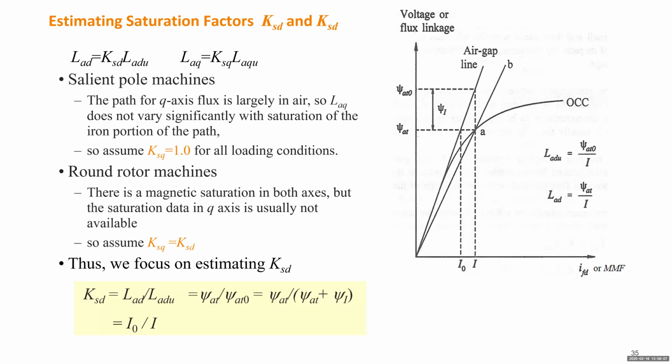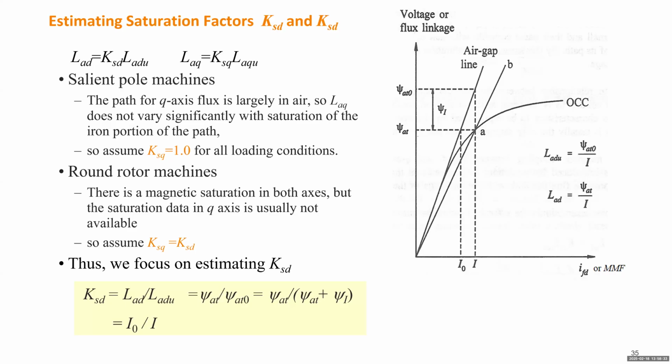From this figure, if we want to estimate KSD, by definition it is the saturated inductance divided by the unsaturated inductance. From this triangle, KSD is simply psi AT divided by psi AT0.